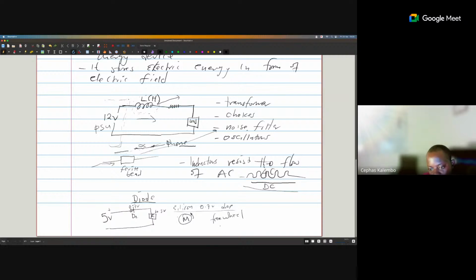You can use, for example, Schottky diodes for that application. You're going to pair diodes, maybe 2 of them or 4 of them.